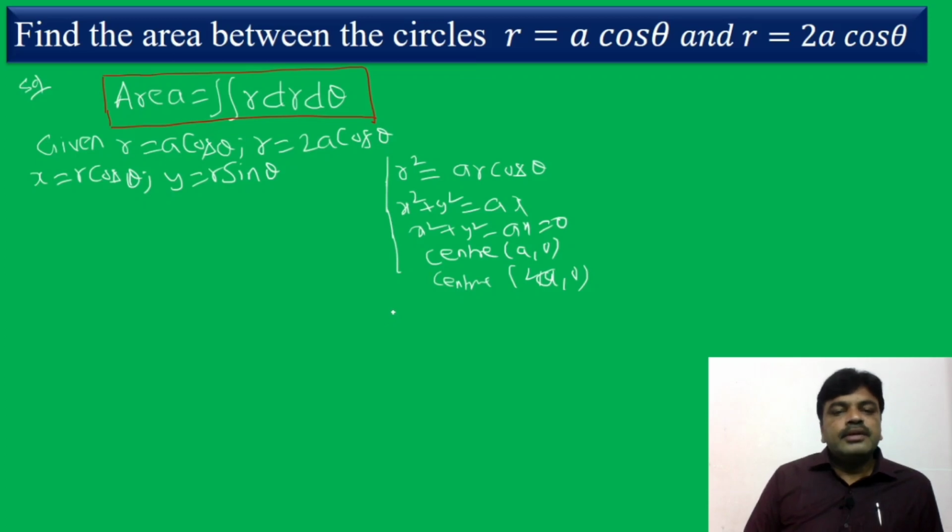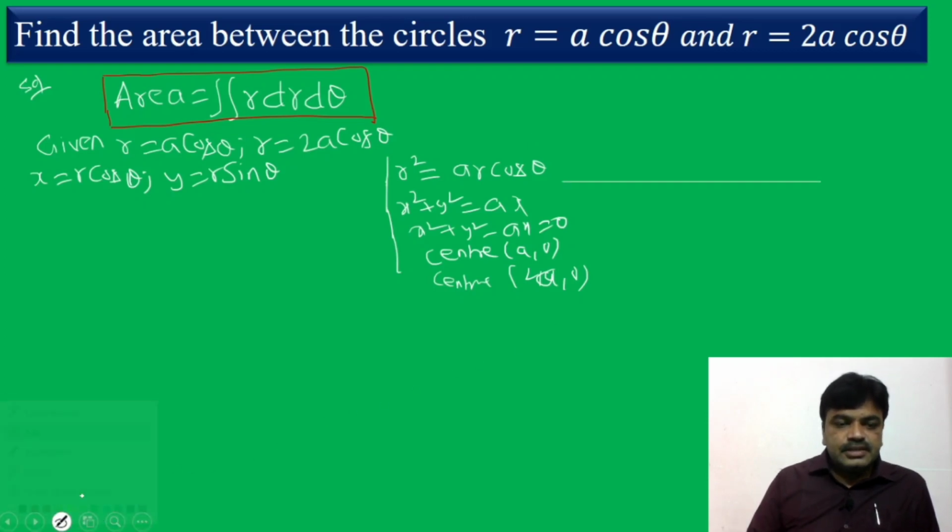Let us see geometrically how we draw. A comma 0 means the x coordinate is a and the y coordinate is 0. That means the centers of the two circles are on the x axis. So this is the x axis and this is the y axis.